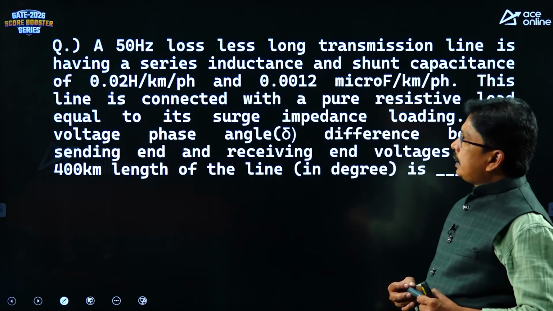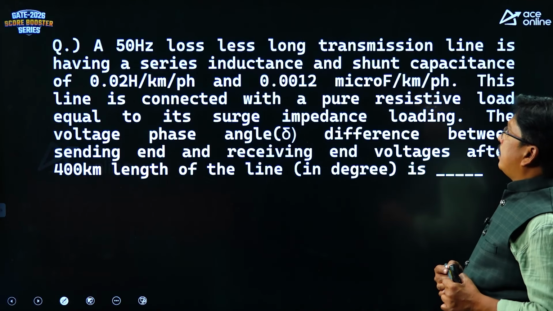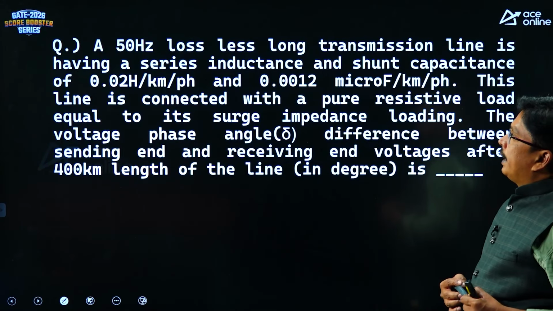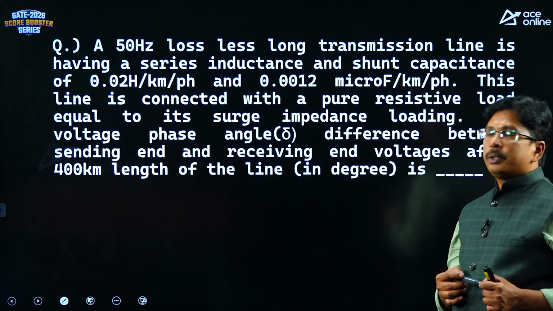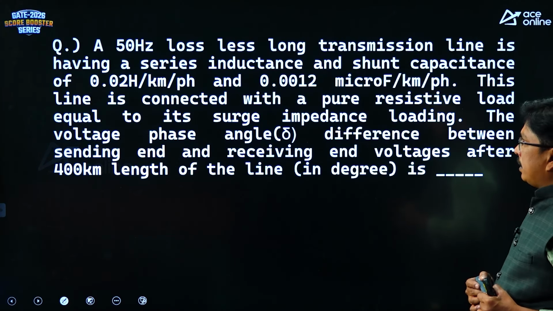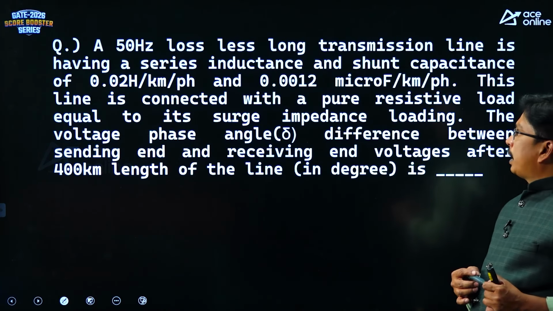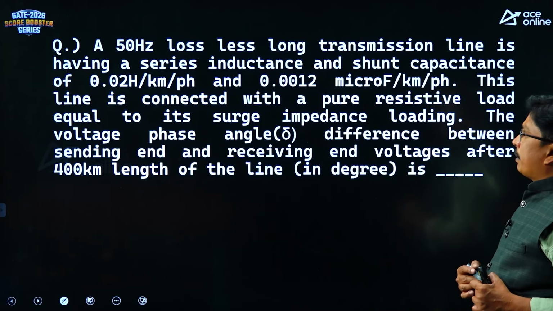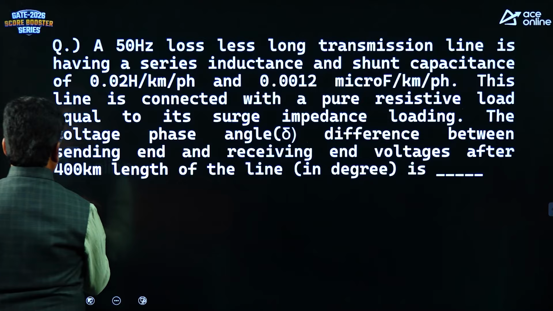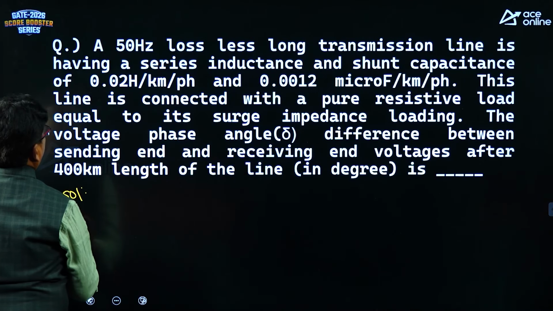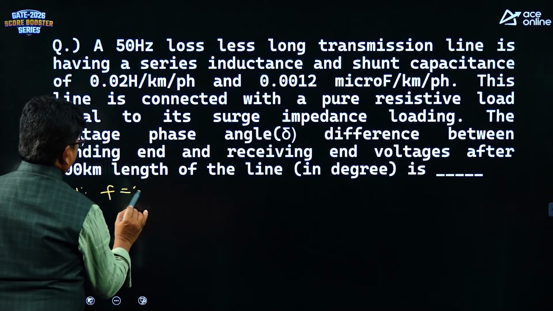A 50 Hz lossless long transmission line has a series inductance and shunt capacitance of 0.02 Henry per kilometer per phase and 0.0012 microfarad per kilometer per phase. So we are having inductance and capacitance values. Frequency is given 50 Hz.